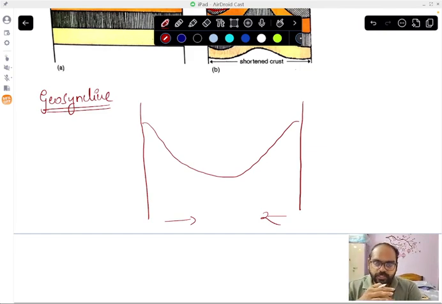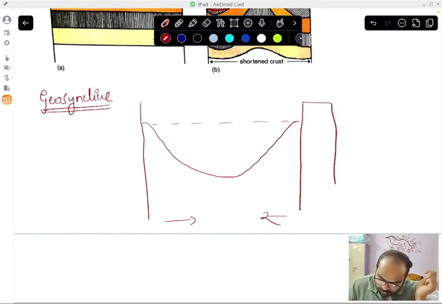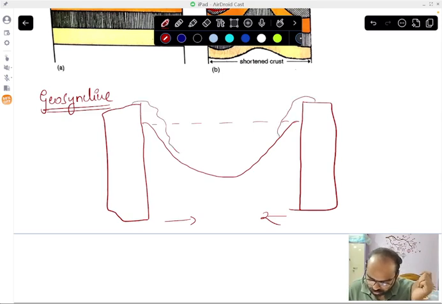These are nothing but depressions between two continental masses. These depressions are filled with water, and not only water. From these continental blocks, we can see sediments pouring down.